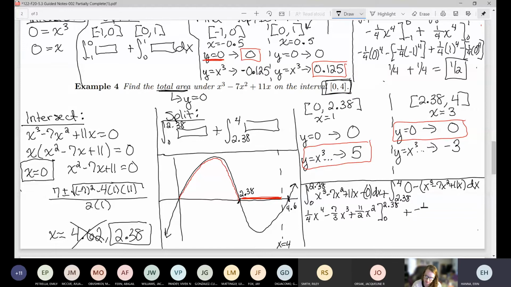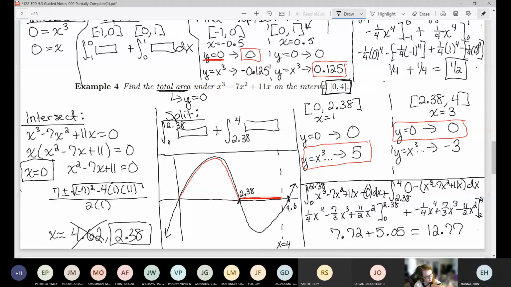And then negative 1/4 x to the 4th plus 7/3 x cubed minus 11/2 x squared, from the 2.38 to 4. I know it's 2-point-something, but I ran out of space. But again, if you have a calculator that can do so, you can just punch both of those integrals into your calculator and call it a day.